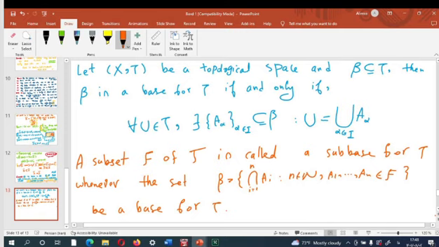Now for a subbase, at first we construct beta, the set of all finite intersections of elements in F. Then this beta must be a base for tau.